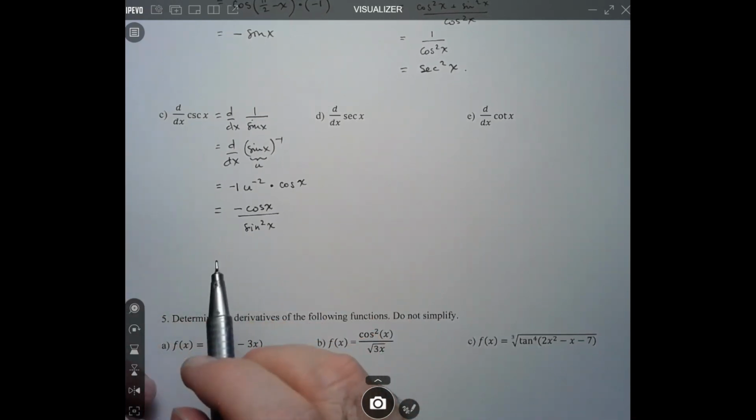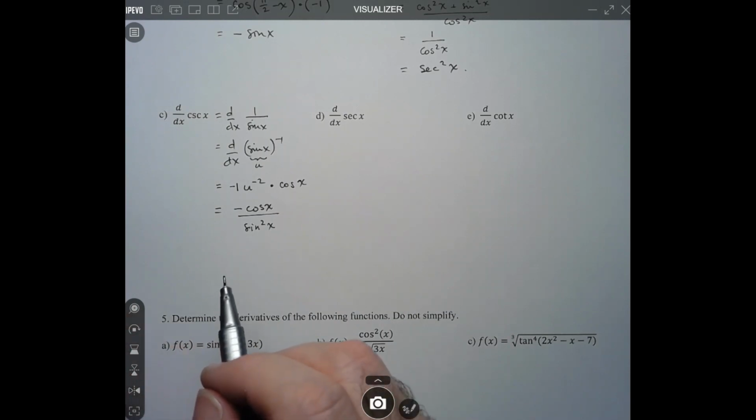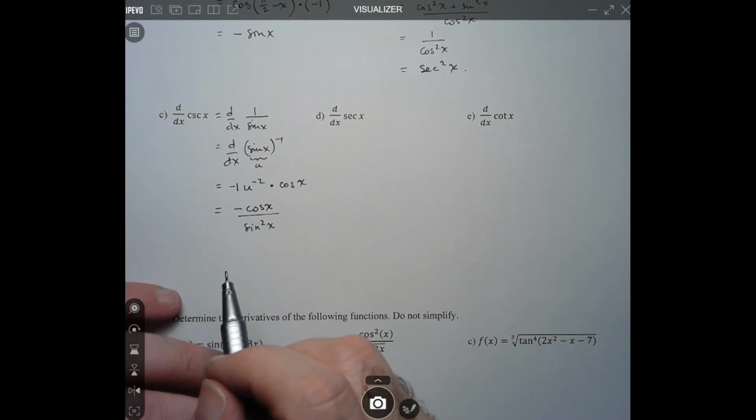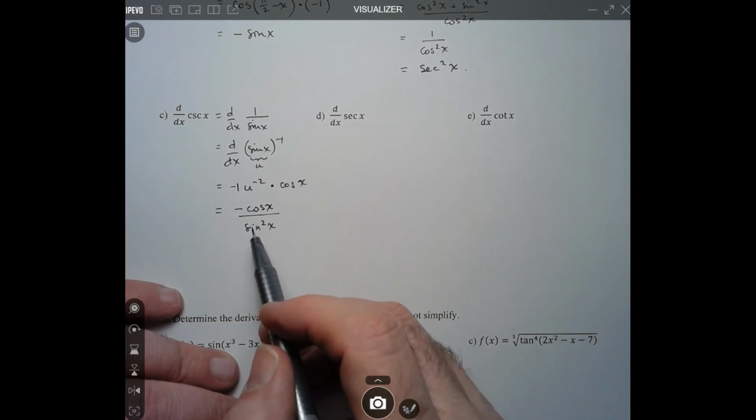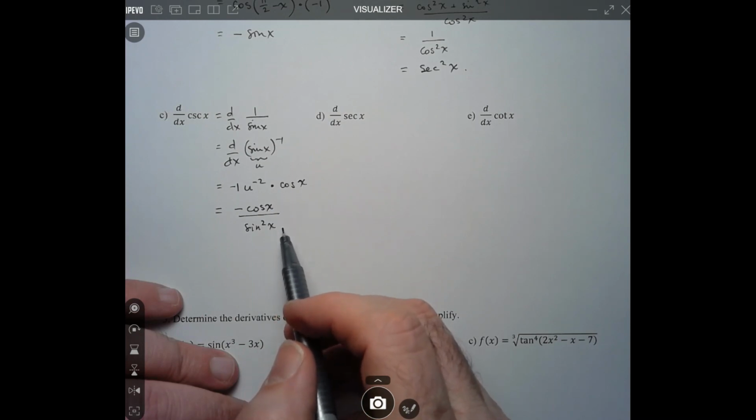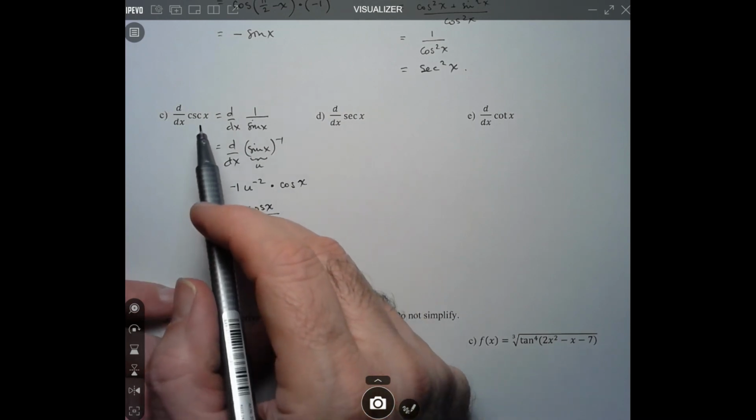Okay? But we actually write it a little differently. And you realize that this denominator has 2 factors of sine. So it's got like a 1 over sine, which is equal to cosecant.